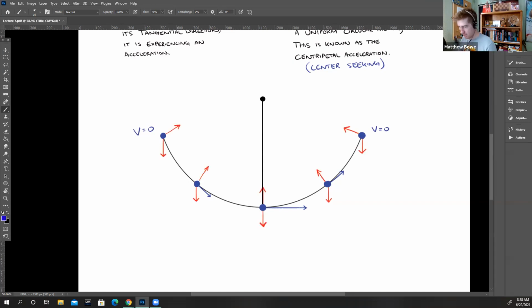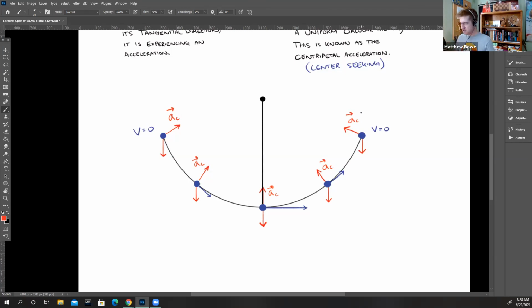So I put those in red right here. On the top, all of these ones pointing towards the center of the path, remember that is the centripetal acceleration vector. It's pointed inward towards the center of the point of rotation.